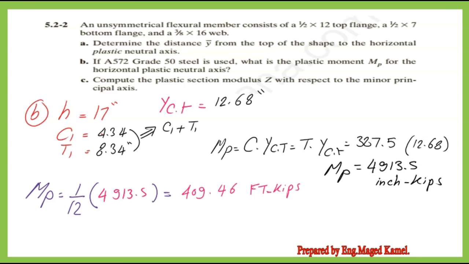We divide by 12 to find the value of M sub B in foot kips. The M sub B value is equal to 409.46 foot kips. This is the requirement of item B.